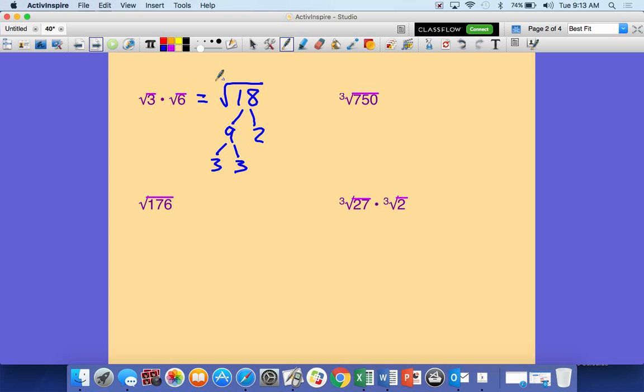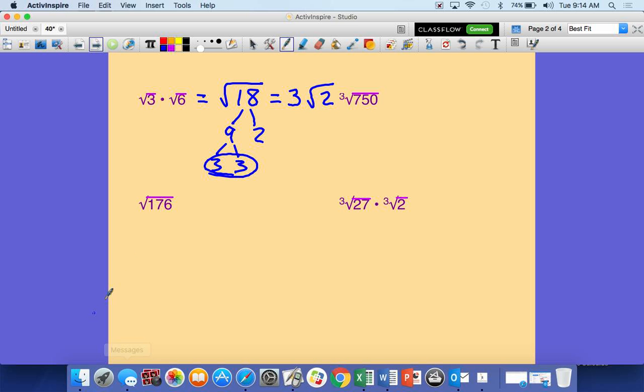Now we're looking for a square root here, so we're only looking for pairs. I've got a pair of 3's here, so one of these 3's is going to come to the outside. This 2 is left over though. What do we do with that? Whatever is not circled goes back under the square root sign. So square root of 3 times square root of 6 equals square root of 18, which simplifies down to 3 square roots of 2.